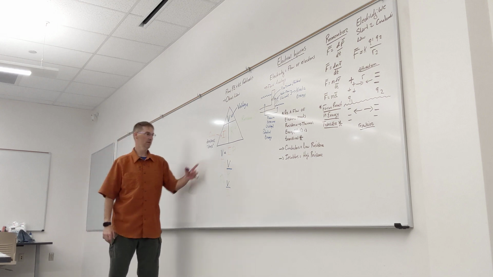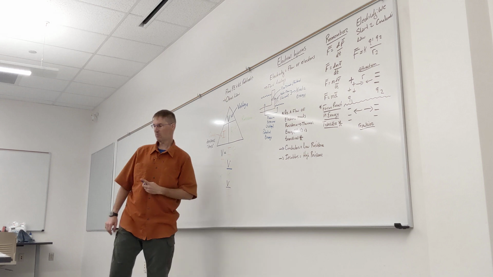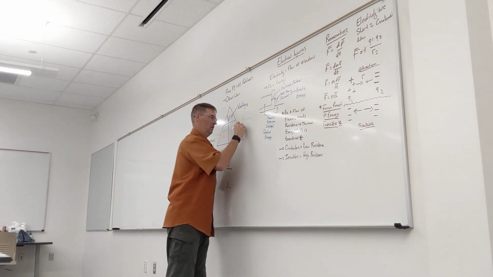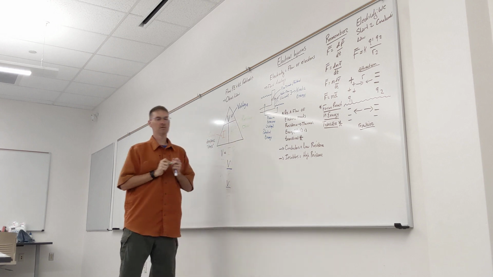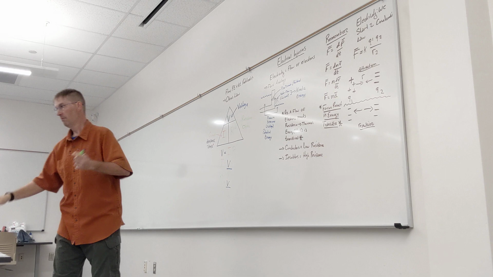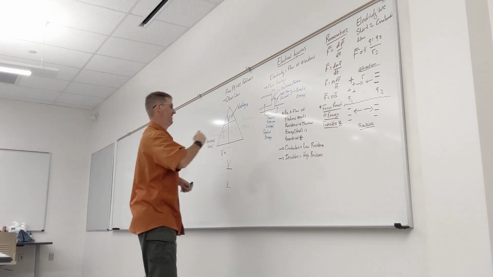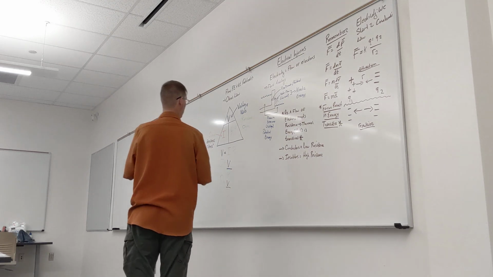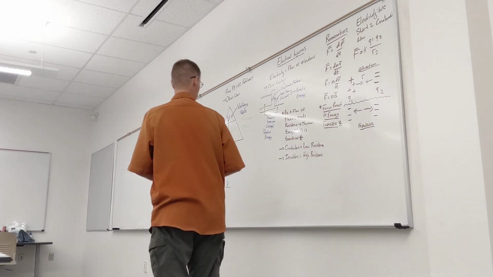Does that make sense? All right. Resistance is measured in something called an ohm. And voltage is measured in what? Volts. Good. So you've got volts, ohms, and amps.